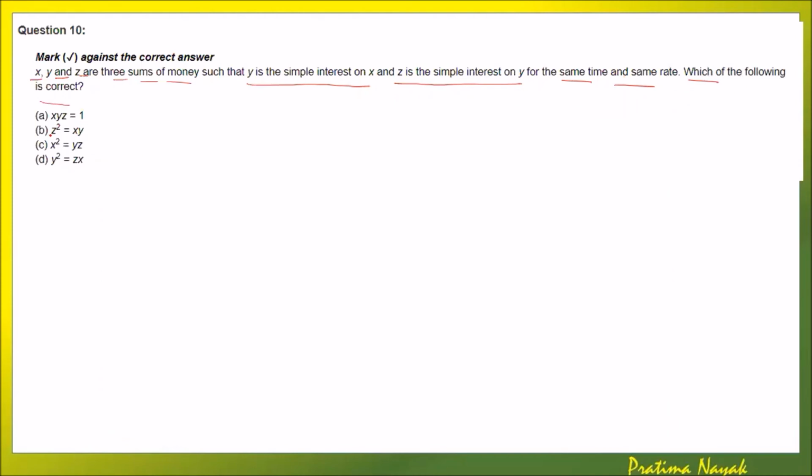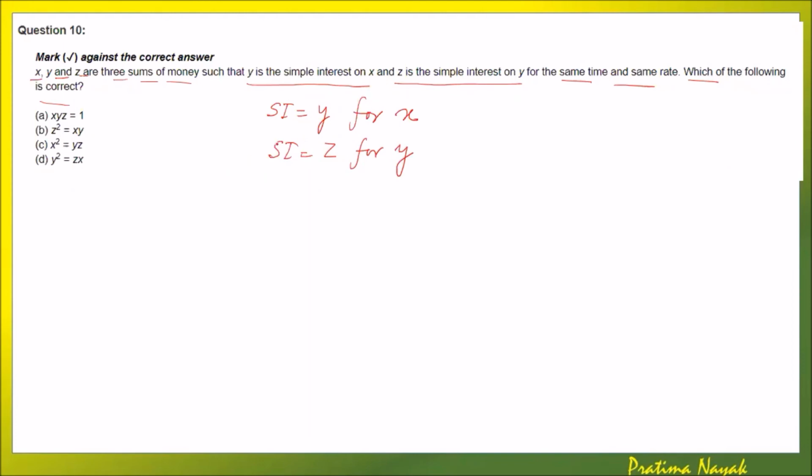XYZ is equal to 1, Z square is equal to XY, X square is equal to YZ, Y square is equal to ZX. X, Y, Z are three sums such that Y is simple interest for X and SI is Z for your Y for same rate and same time.